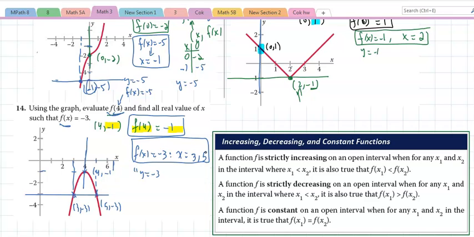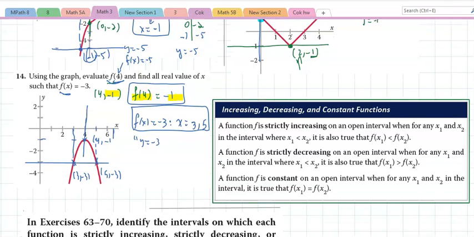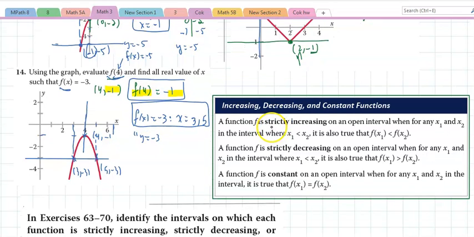So instead of doing this algebraically like we always do, we're going to do this graphically. Now, one more thing about graphs. They talk about increasing, decreasing. It says a function f is strictly increasing on an interval if you pick any two x's left to right, the y's are getting higher.